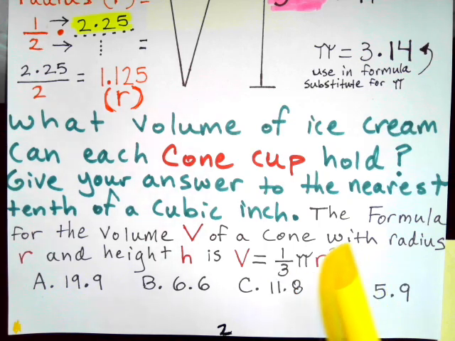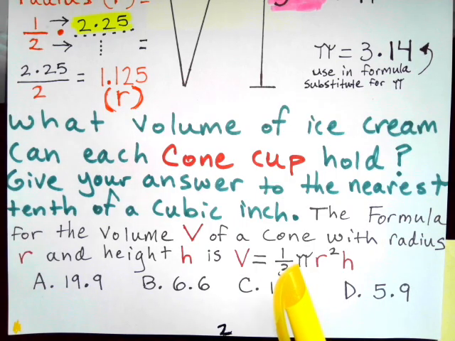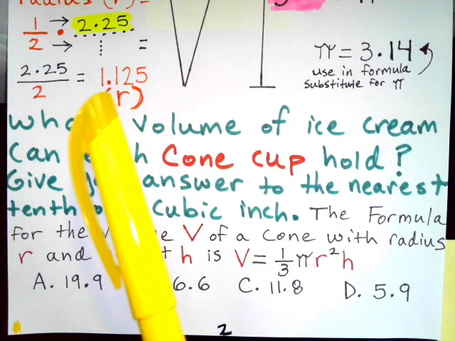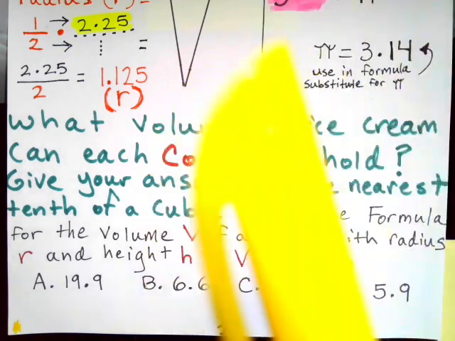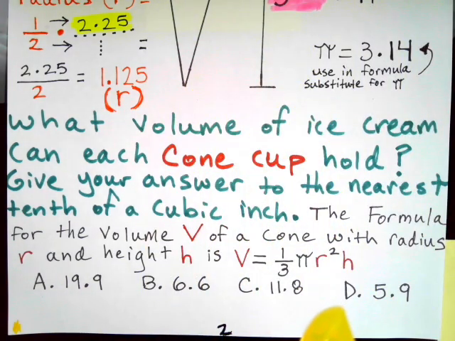So I'm just going to say it like you see it. 1/3 times pi, which is 3.14, times our radius squared, which, now we know our radius right here, is 1.125. So I'm going to substitute 1.125 squared. I'll go over that in the next video. Times our height, which we saw above, is 5.